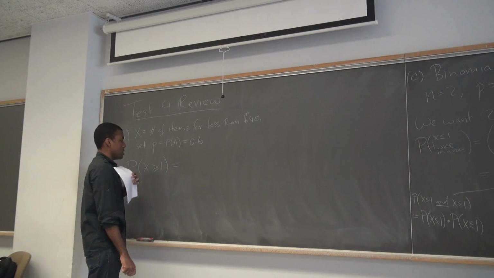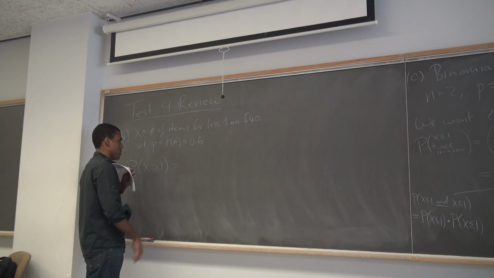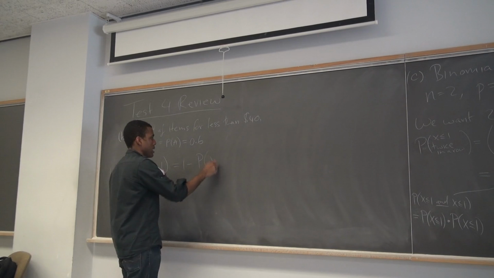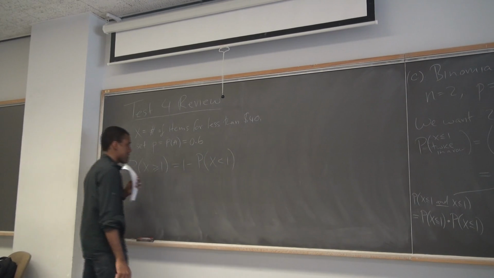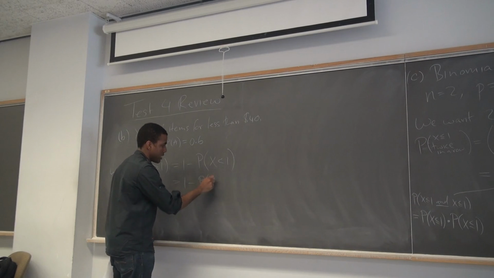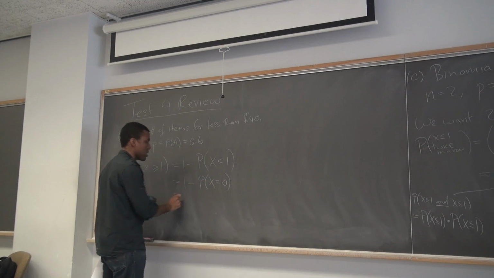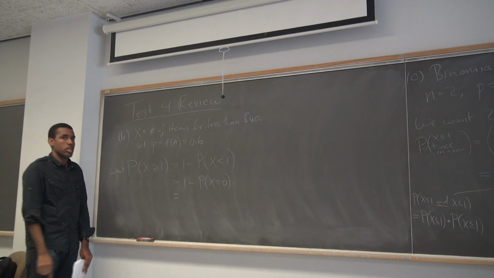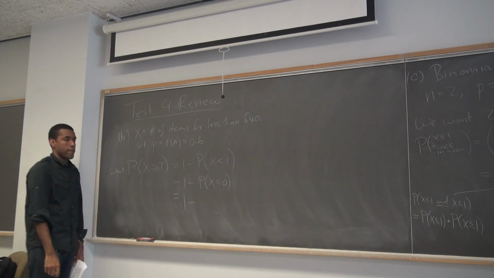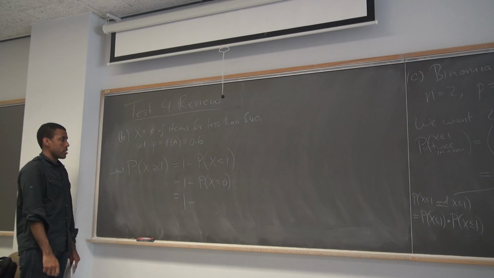Okay. Maybe what I'm fishing for is going to be obvious in the next part. You could do 1 minus the probability that x is less than 1, which is actually easy, right? This is 1 minus the probability that x is 0, meaning you pick 3 items, but none of them are less than 40. How do you do that? What's the probability of not being less than $40?